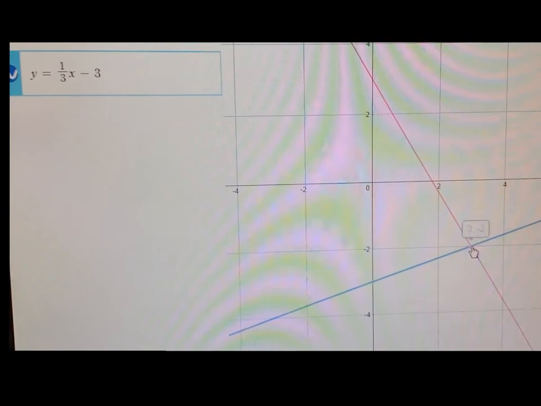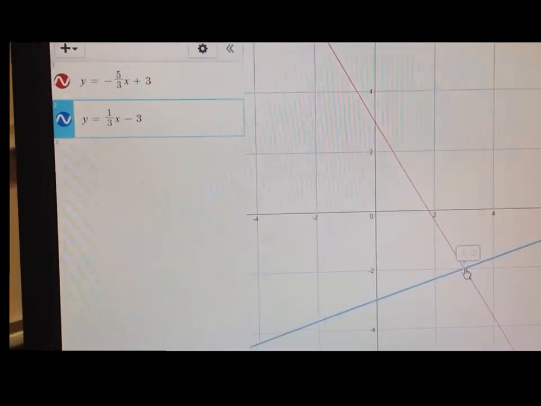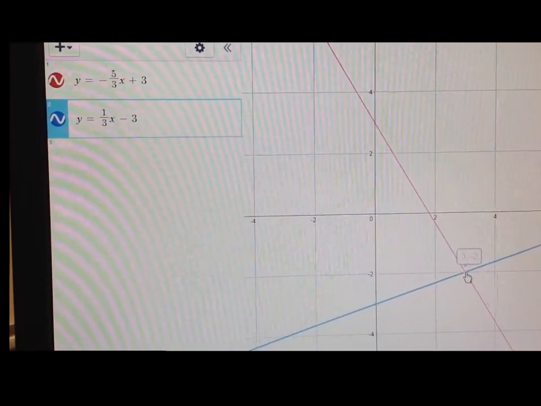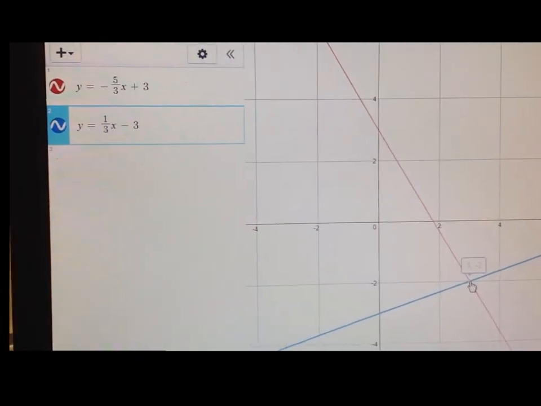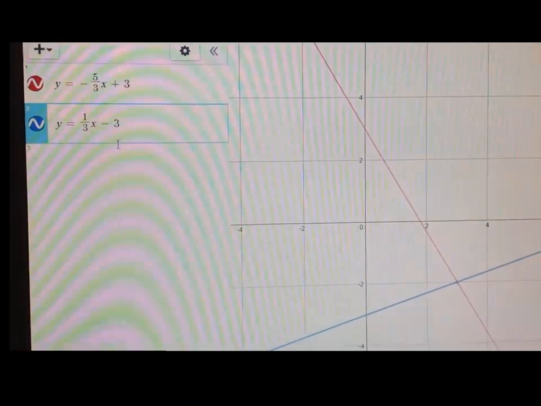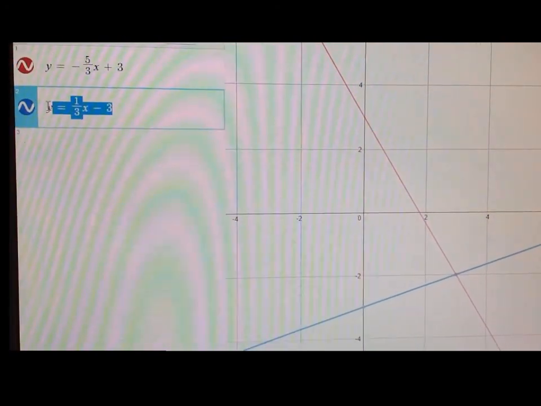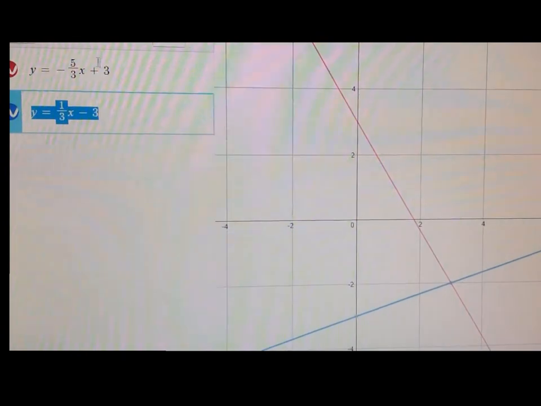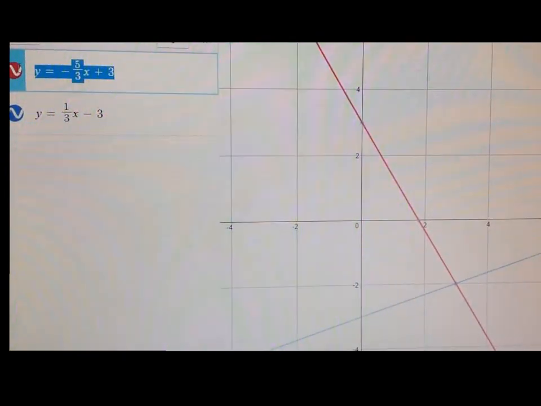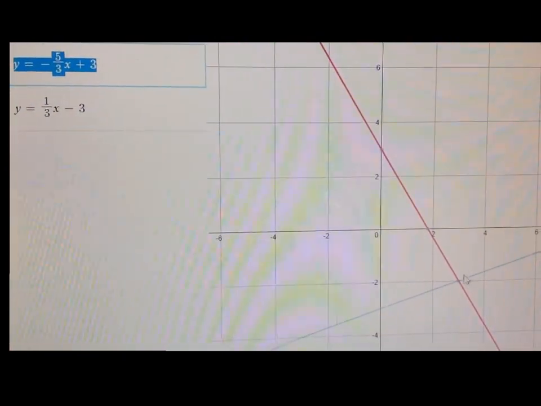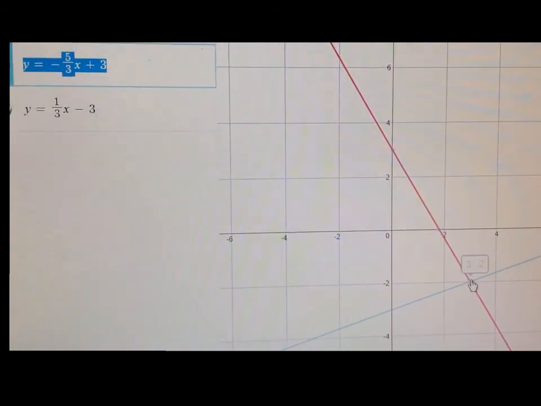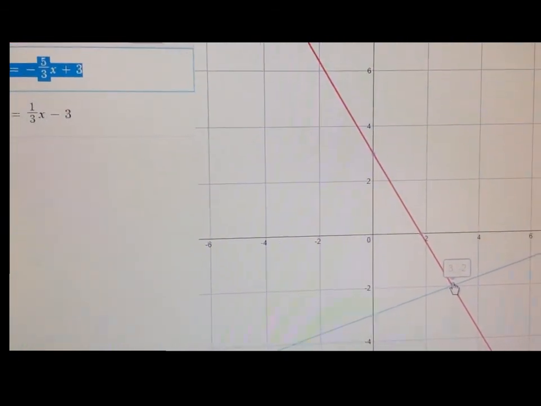That would mean then, because they intersect there, that if we were to plug in 3 into the x's and -2 into the y's on both of these equations, that it would work. Because remember, every point on the blue line is a solution for this equation right here. And every point on the red line is a solution for this equation right here. So if we have a point that's both on the red and the blue, then it can't help but be a solution for both of them. Pretty cool.